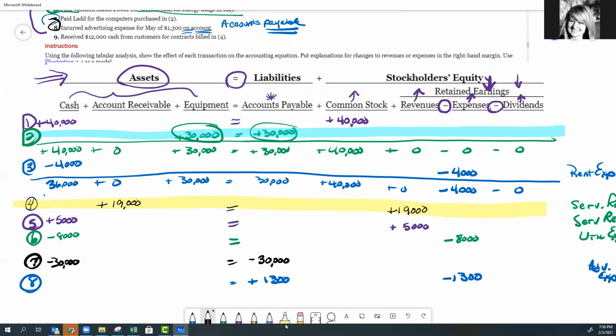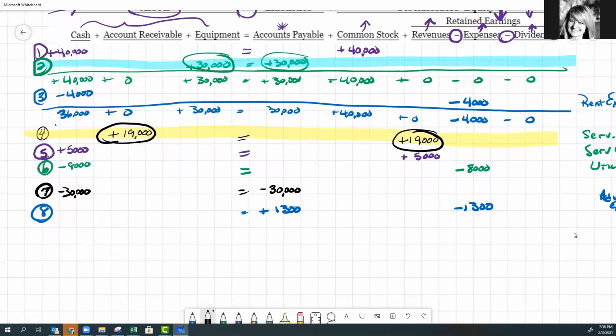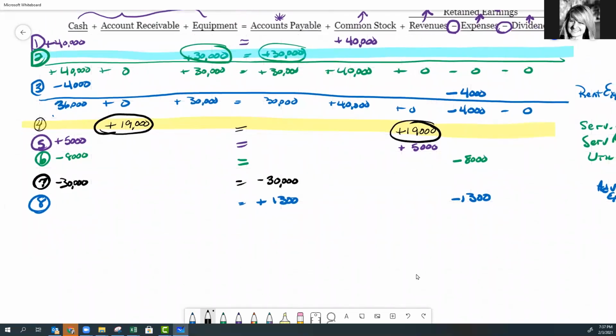So we had $19,000 worth of service revenue, but we didn't get paid when we provided the services. So we had a new asset, accounts receivable, that went up by $19,000. So we've received $12,000 from the customers that we provided the services to in number 4. So we have cash that we didn't have before because we collected that cash from our customers. So our cash goes up by $12,000.